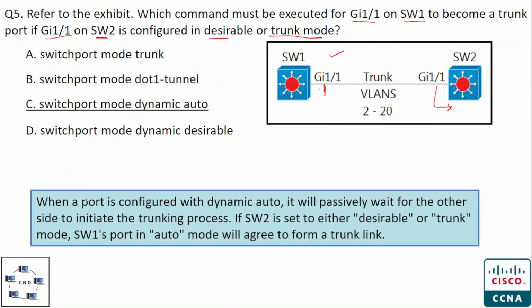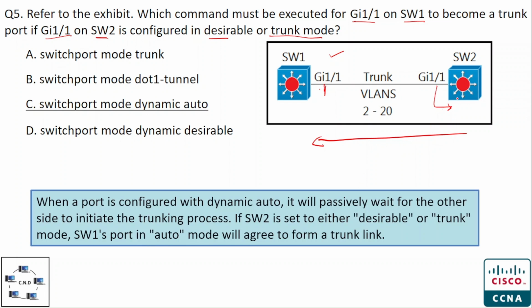The explanation is that when a port is configured with dynamic auto, it will passively wait for the other side to initiate the trunking process. So the port on switch 1 will wait passively for switch 2 to initiate the trunking process. Since switch 2 is set to be either desirable or trunk mode, switch 1's port in auto mode will agree to form a trunk link.